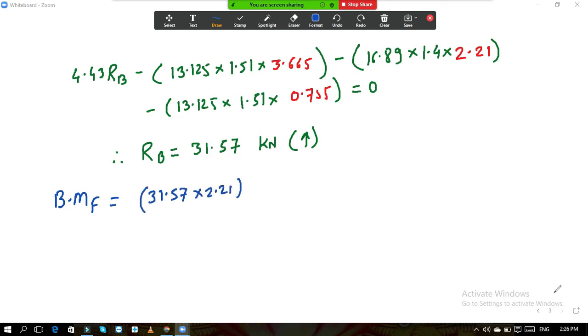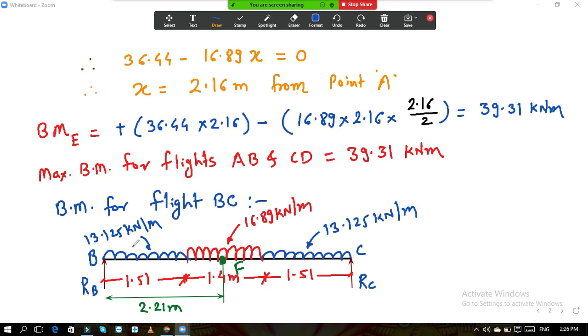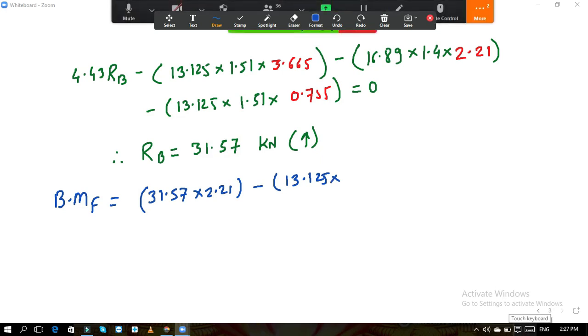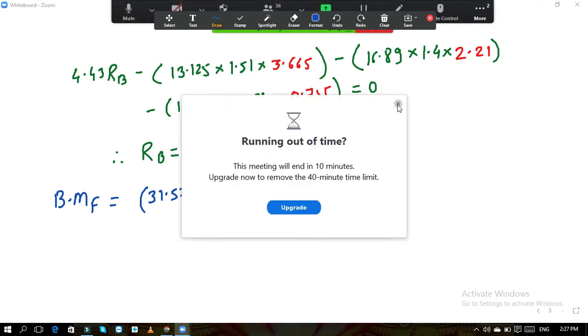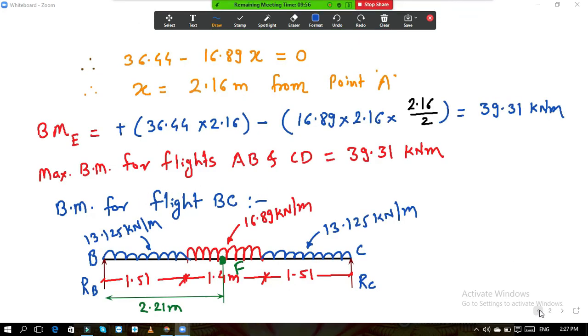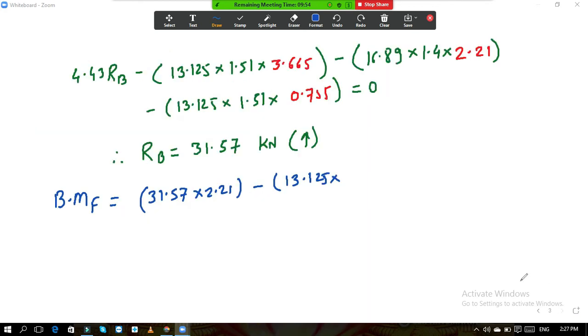It is moving up, so plus, and this UDL 13.125 into 1.51.